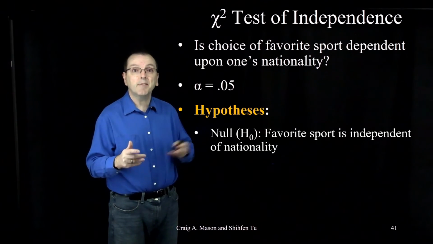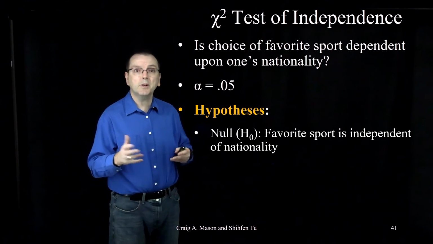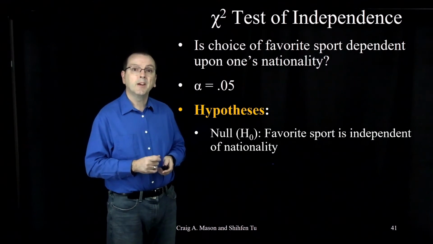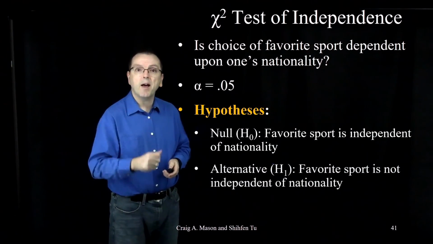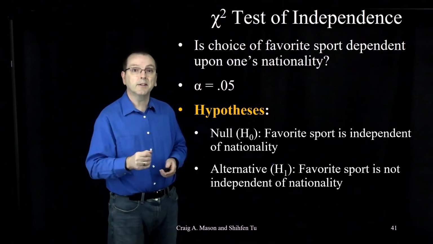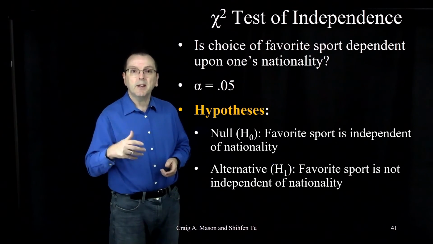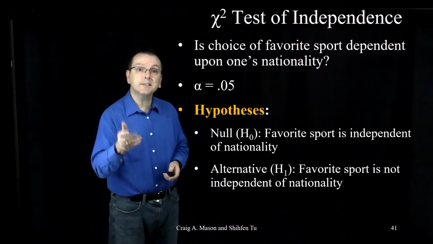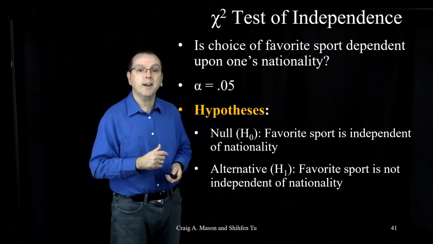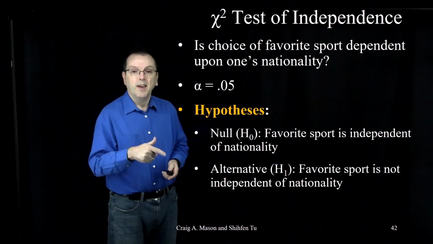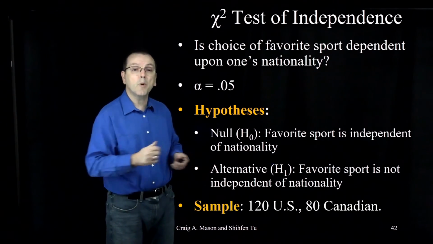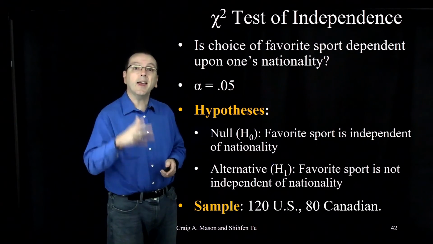The probability of favoring a different sport was unrelated to whether one was from the US or Canada. Our alternative hypothesis is that sport and nationality are not independent. The probability of favoring a given sport is different based on whether one is from the US or Canada. And our sample size was 200, right, with 120 people from the US and 80 from Canada.